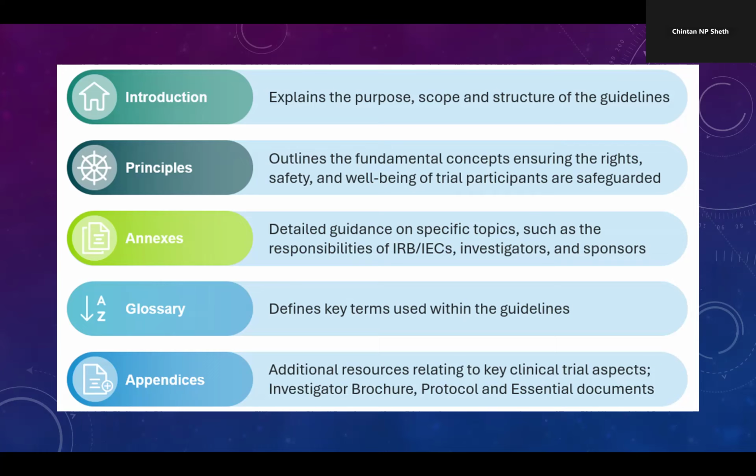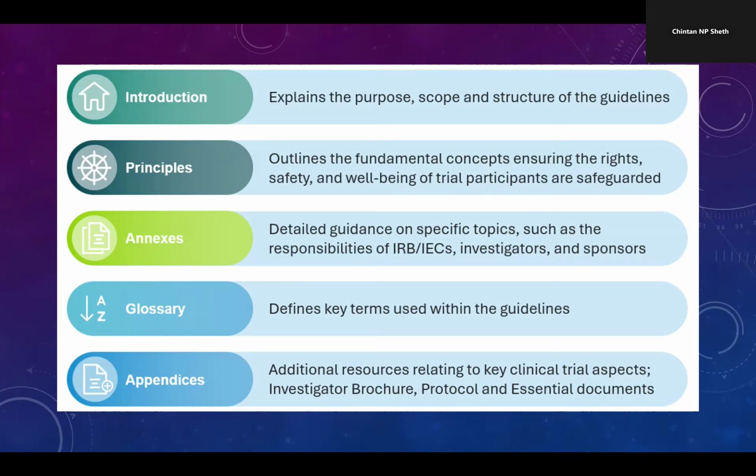The principles outline the fundamental concepts ensuring the rights, safety, and well-being, the trifecta which is core to clinical research, of clinical trial participants. It also has an added section of annexes that provides detailed guidance on specific topics such as responsibilities of IRB, IEC, investigators, and sponsors.